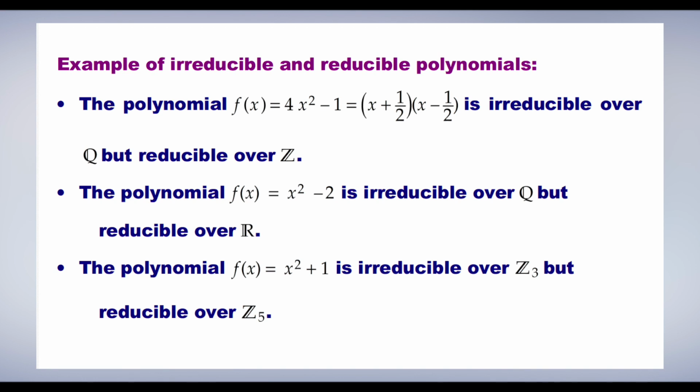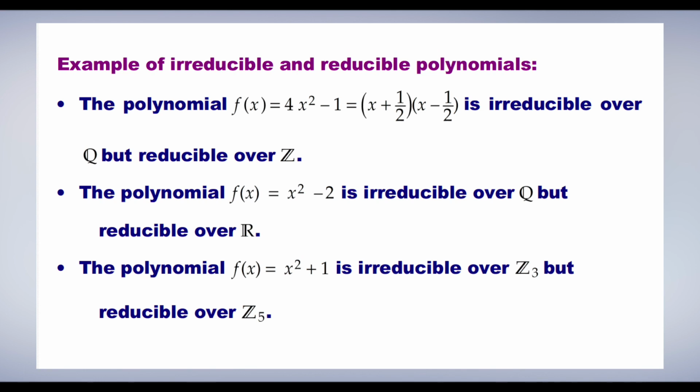The polynomial f(x) = 4x² − 1 will be factorized as (x + 1/2)(x − 1/2). Here 1/2 is a rational number, so it's reducible over Q. But we could not factorize it over the integers, so it's irreducible over Z. The polynomial f(x) = x² − 2 is irreducible over Q, but reducible over the real numbers R.